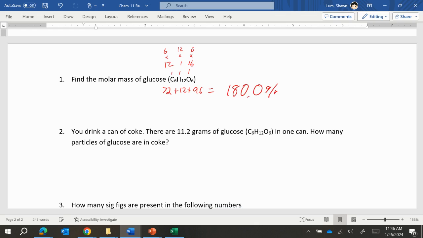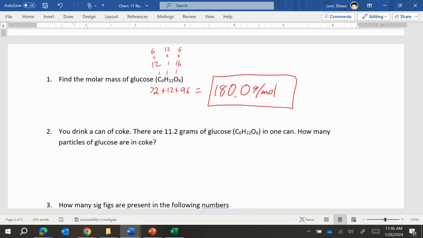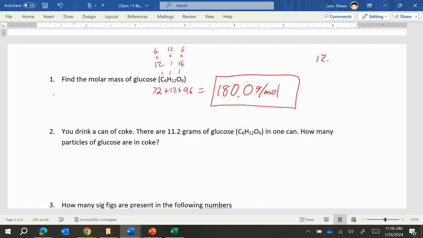180.0 grams per mole. It should be 4 sig figs. Because technically what you're doing when you do molar mass is that there's 6 carbons and it's 12.0, and you're going 12.0 plus 12.0 plus 12.0 6 times, and then hydrogen is 1.0, 1.0, 12 times, and then oxygen is 16.0, 16.0, 16.0.